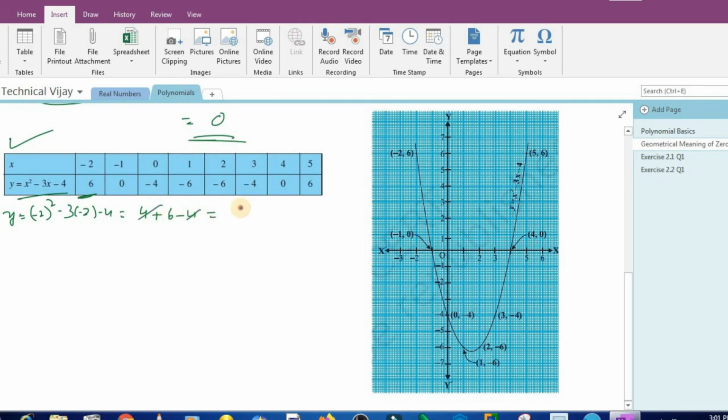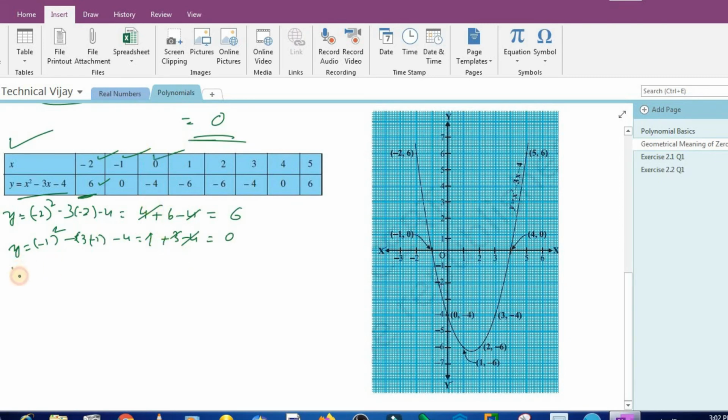So the 4 cancels, and it will be 6. Then one more, minus 1: minus 1 square minus 3 into minus 1 minus 4 is equal to 1 plus 3 minus 4, which is 4 minus 4, equal to 0.